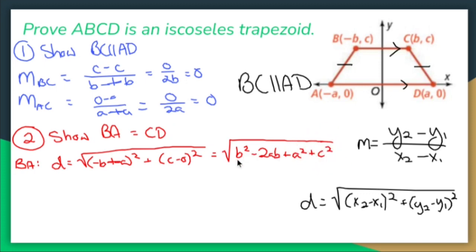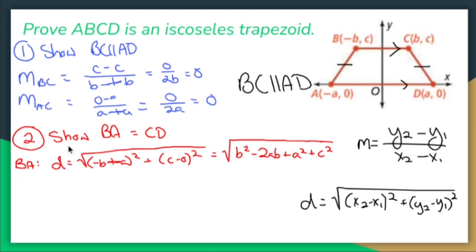If you're like, whoa, what did he just do there? Perfect square trinomials. I'm not going to go any further than that because I know that when I do CD, it's going to end up looking like the same exact thing underneath the square root. So what's the point of trying to combine terms and simplify it? You probably can anyway.